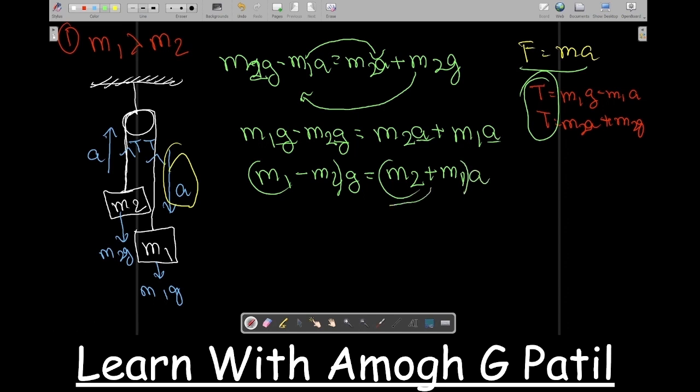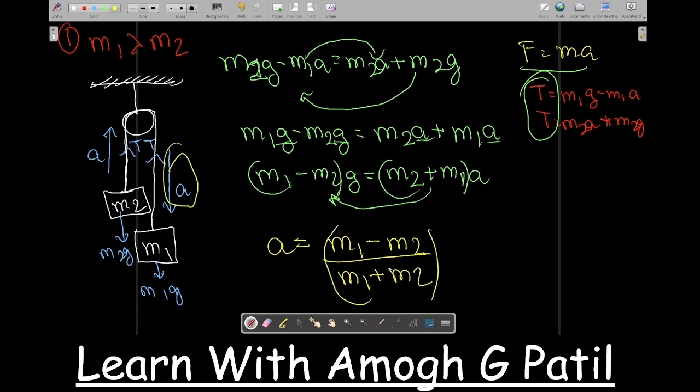Now we'll take this over to the denominator, and therefore we will get a is equal to M1 minus M2 by M1 plus M2 into g.